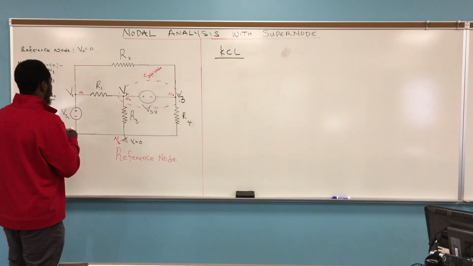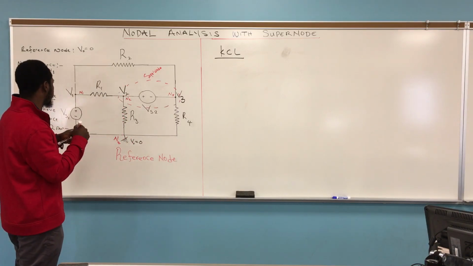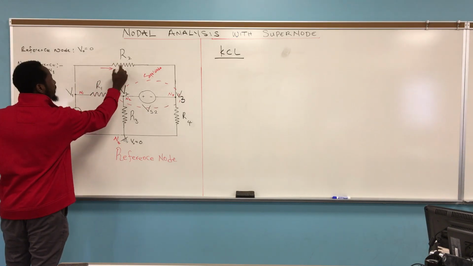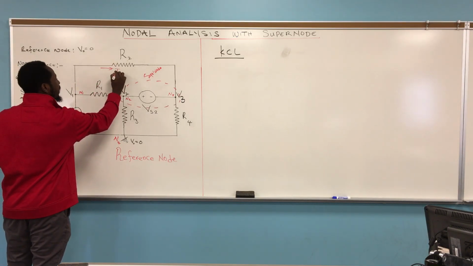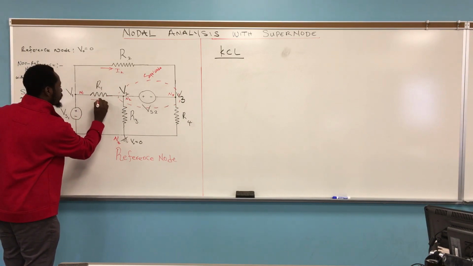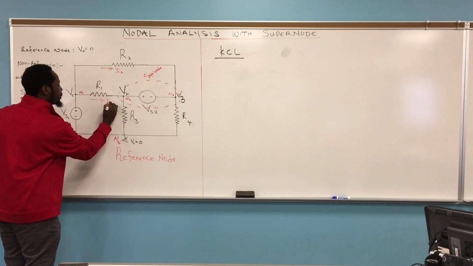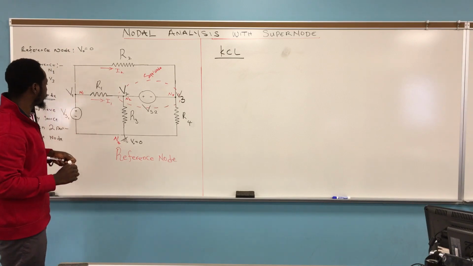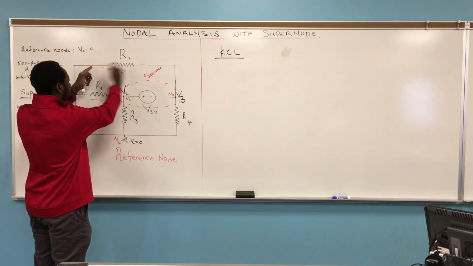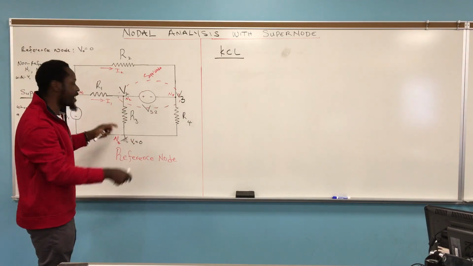And I can pick any direction, right? So I'm just going to pick this for this, and since it's R2, I'll call it I2. This is R1, I'll call the current going through it I1. And I can pick it the other way around. It doesn't matter. I can point it left instead of right.